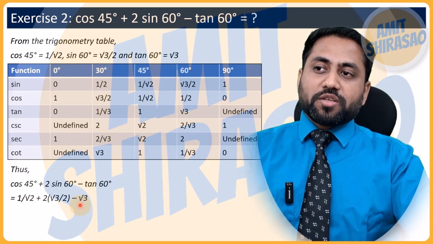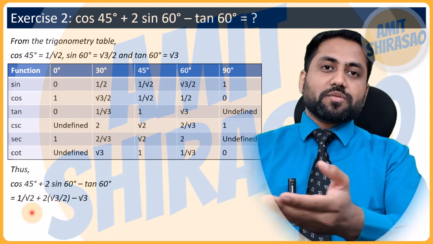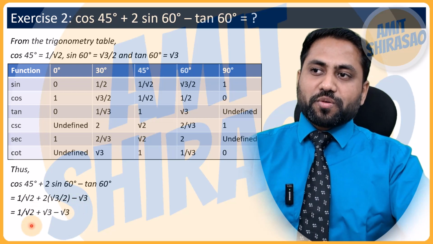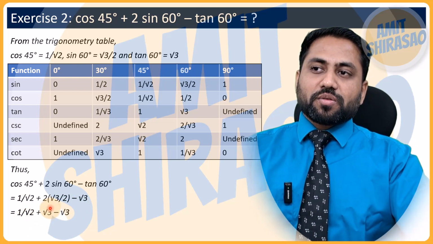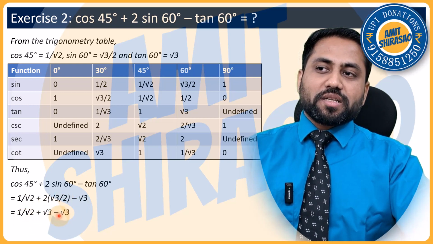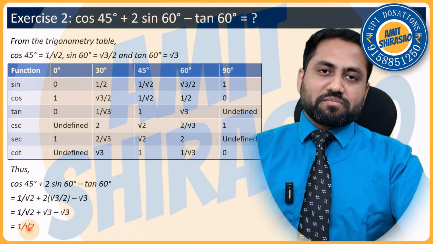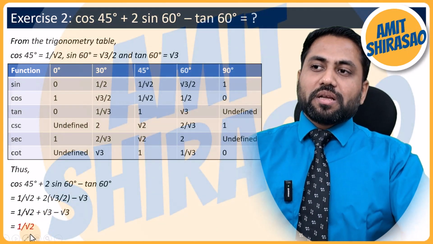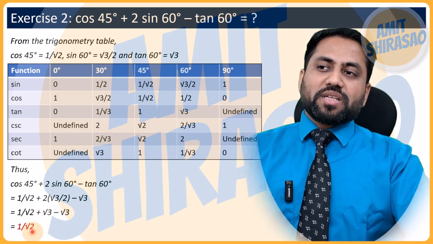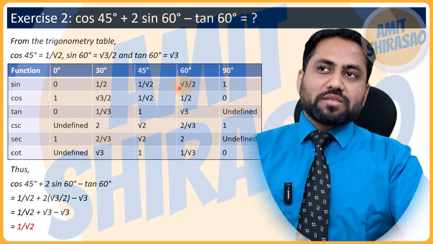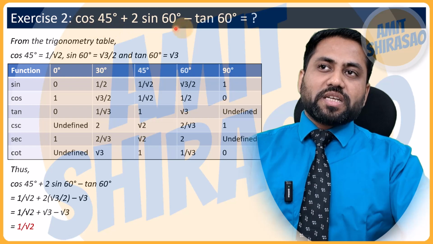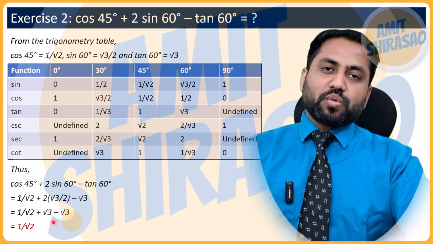So the values are put in, and then this is basic algebra. You can do that, right? There's no problem. This 2 and 2 will get cancelled, and now this root 3 and minus root 3 will get equal to 0. So it will finally give you 1 upon root 2, and that is the answer. The right hand side of this equation will be 1 by root 2.